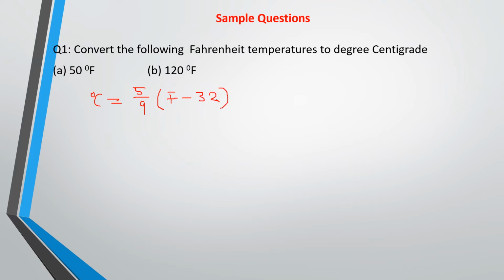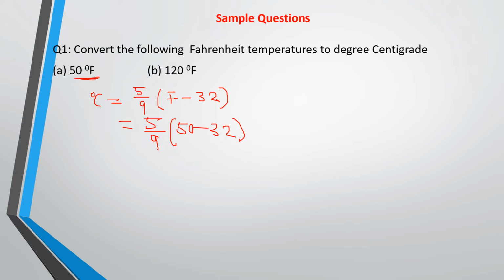This will give you your answer in degree centigrade. So you are given your degree Fahrenheit to be equal to 50. Substitute this into that equation so that you have 5 all over 9, 50 minus 32, all in brackets.